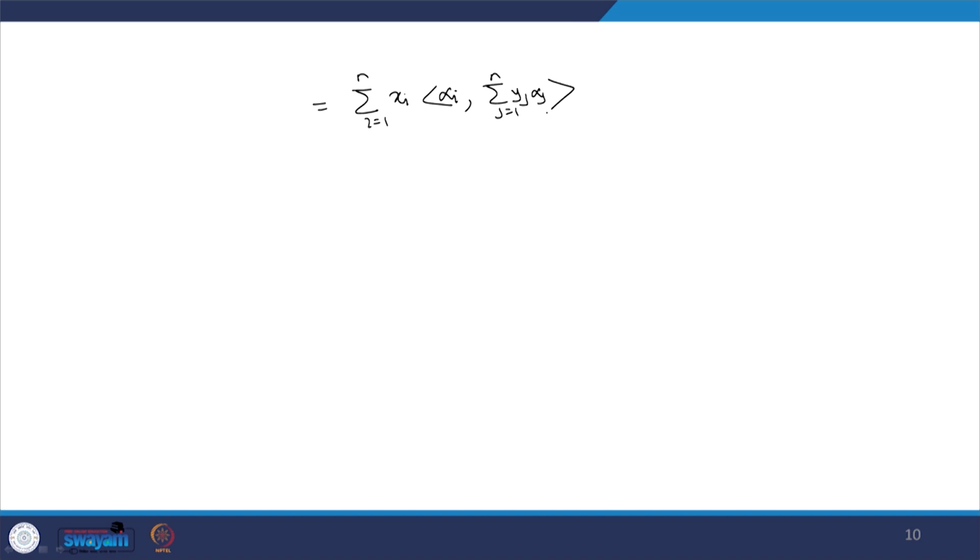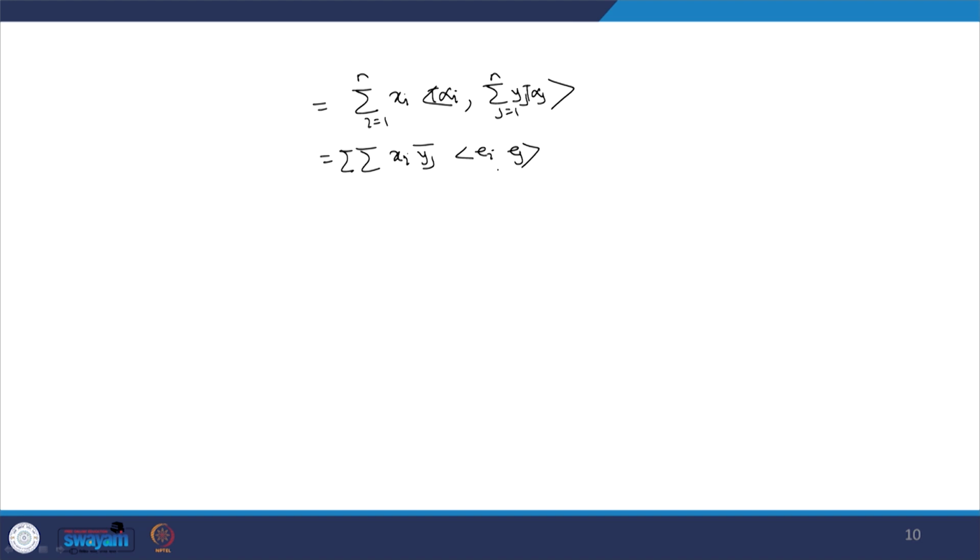So, this is equal to sigma xi yj bar times the inner product, with another summation, of T of alpha i and T of alpha j. T of alpha i means Ei and Ej, so it is basically the inner product of Ei and Ej.